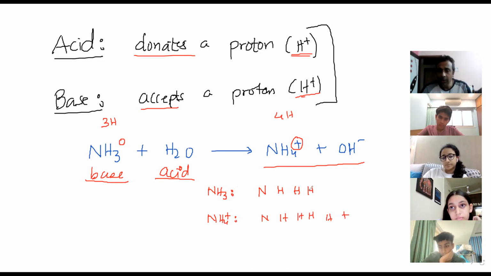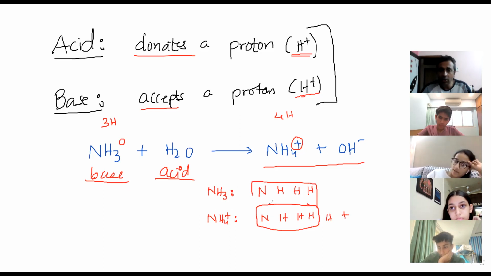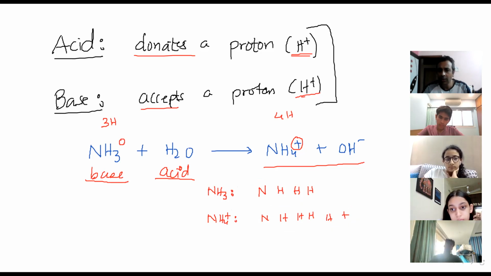So this was there already in ammonia. So what is being added here is H plus. But even if I ignore that plus sign, in many cases, I can still figure it out.